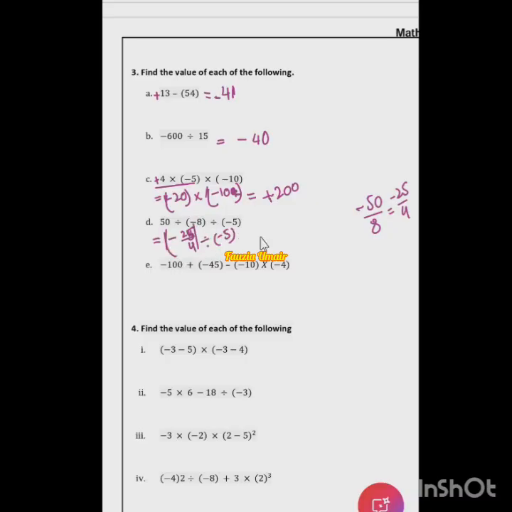So now how will it be solved? What will the sign be? Minus and minus, so ma'am, plus, because they're like. Let's see how to solve this; we do it in rough work. Because it is a division sign, if I change this sign into multiplication, what will happen to this minus 5? It will be 1 by minus 5.